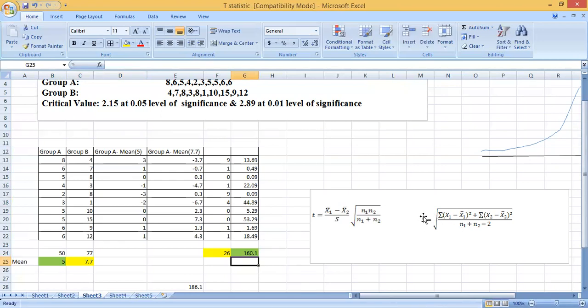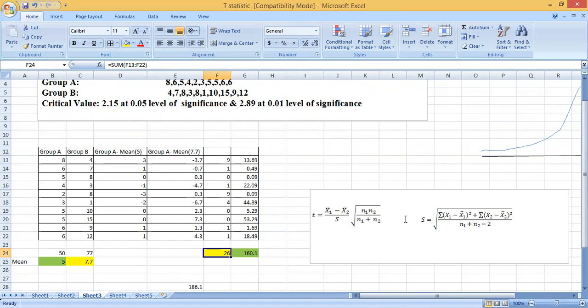To calculate S we require x1 minus x1 bar whole square and x2 minus x2 bar whole square, and the sum of those. So 26 is the sum of (x1 minus x1 bar) whole square, and 160.1 is the sum of (x2 minus x2 bar) whole square.